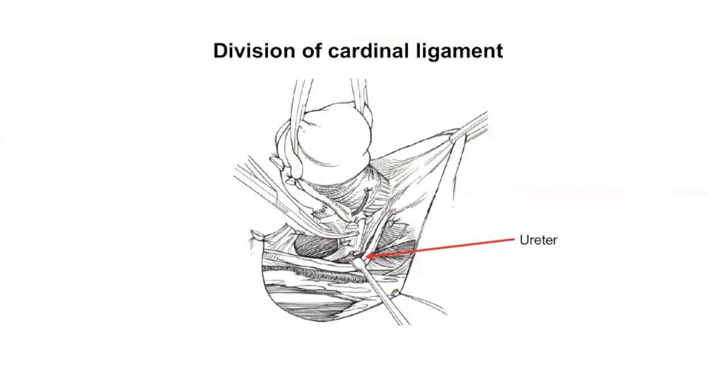Now we turn to the cardinal ligament, which is the lateral ligamentous attachment of the uterus and cervix and vagina. The cardinal ligament is divided in one or two bites, preserving the inferior portion through which the autonomic nerves pass that innervate the bladder.